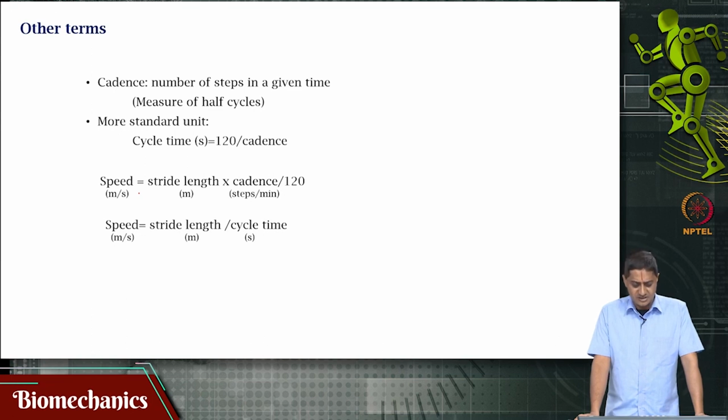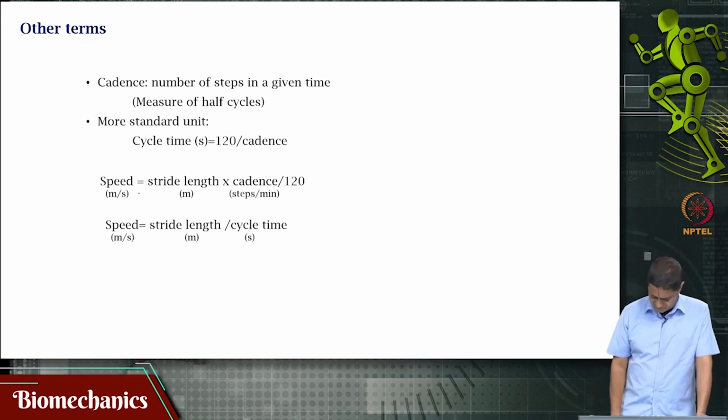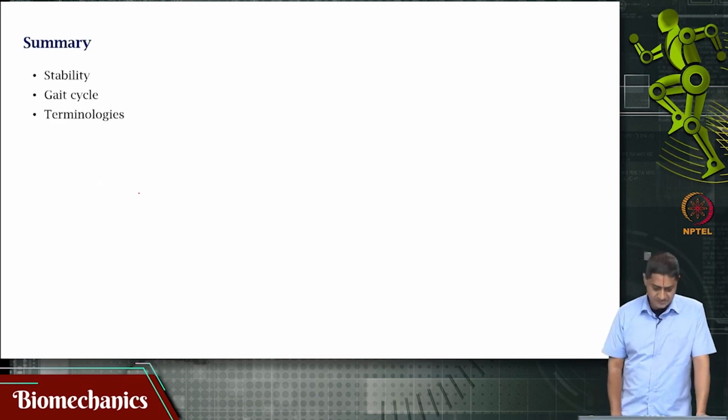Speed in meters per second is essentially stride length in meters multiplied by cadence, but stride length is assumed to be a constant, though it need not exactly be a constant. It might vary, it is known to vary. Speed is essentially stride length times cadence divided by 120, or stride length divided by the cycle time. So, these are some other terms that are frequently used in gait literature.